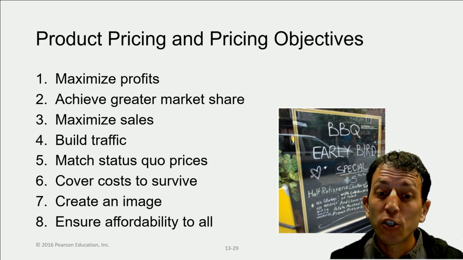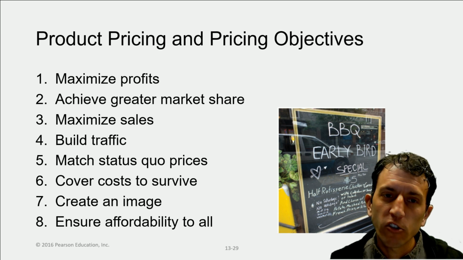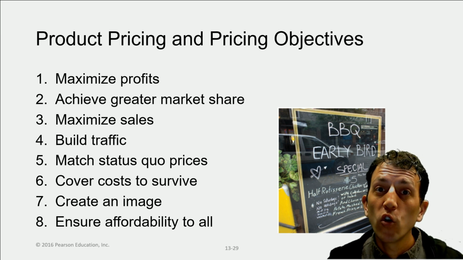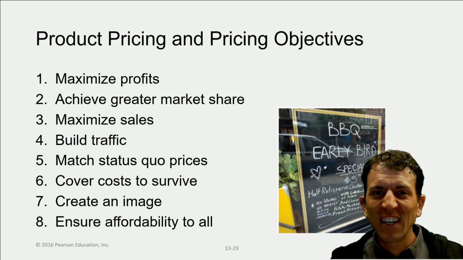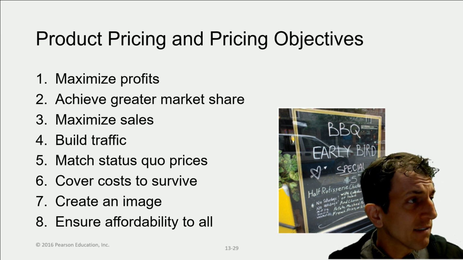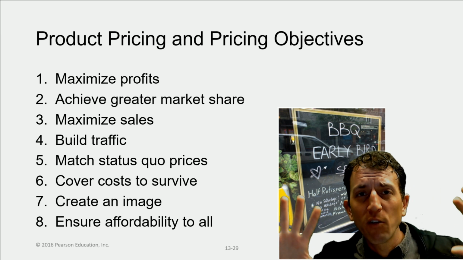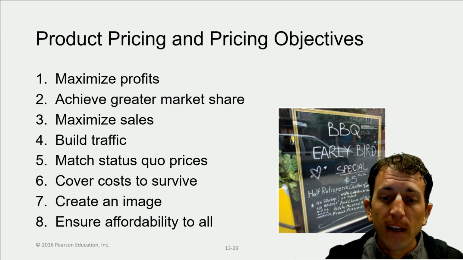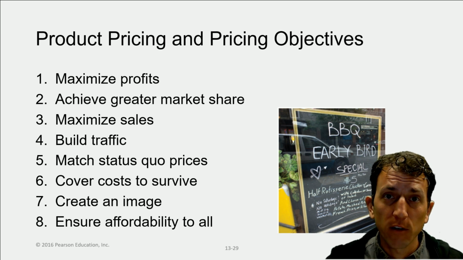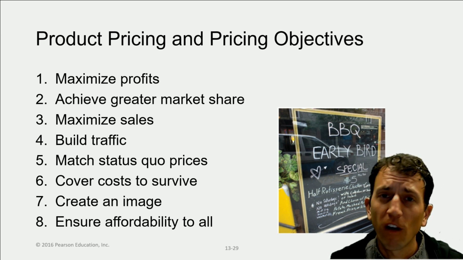And then ensure affordability to all. This is an interesting one. For example, if any of you have ever looked for a therapist, maybe you want somebody to talk to, maybe you have anxiety, especially in times like this when we're stuck in our house and we just need an outlet to talk to someone. A lot of us can't afford a therapist. A therapist could be $140 an hour.